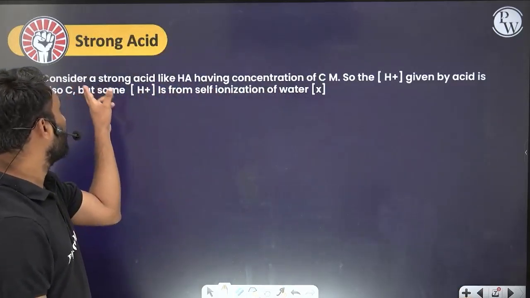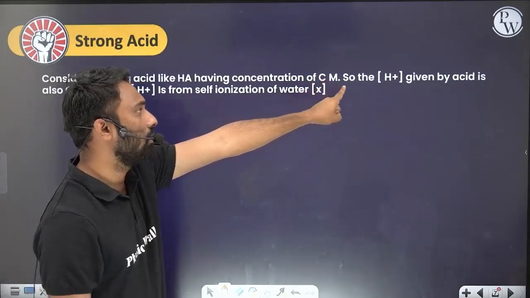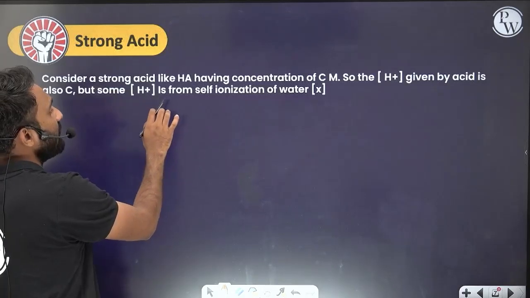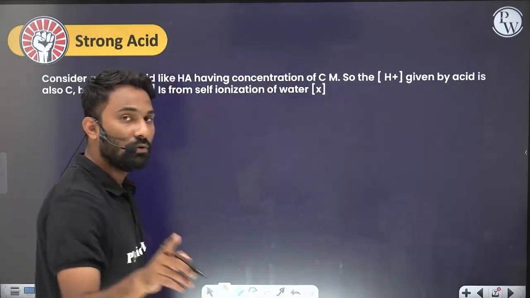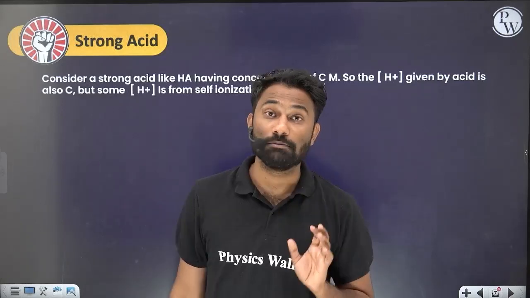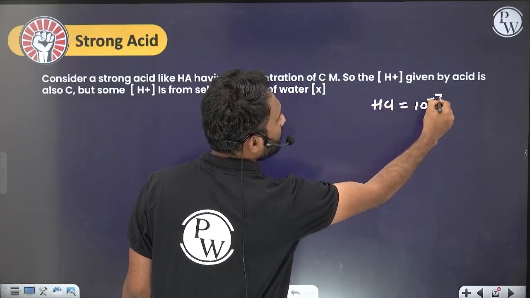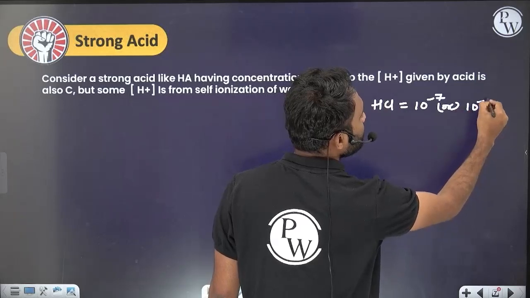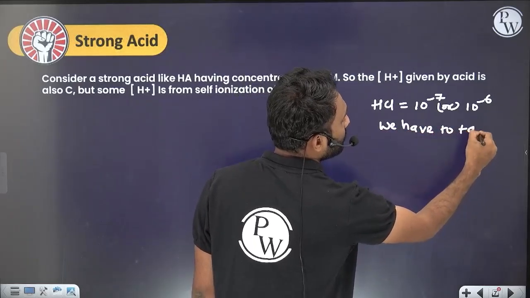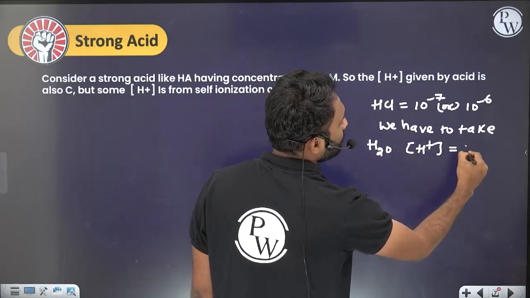Strong acids pH. In this, see, consider a strong acid like HA having concentration, let its concentration be C molar, so the H plus given by the acid is also concentration C, but some H plus ion is from the self ionization of the water, it is X. In lecture number 1 we solved a problem, where if the HCl concentration is 10 to the power minus 7 or 10 to the power minus 6, then we have to take the H plus ion concentration from water into account.